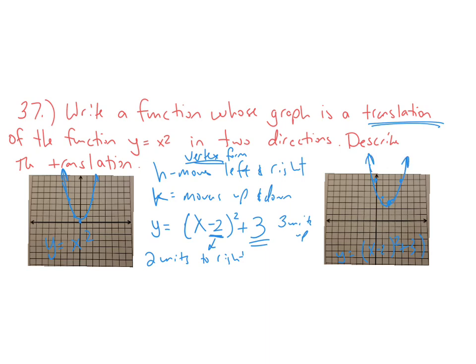So see how this graph went from here up. That's the translation. So really, to do 37, you just have to pick an H and a K and know that, remember, even though it looks like negative 2, you're actually going to move it to the right 2. So that's really the only main difference. And that's it for 37.